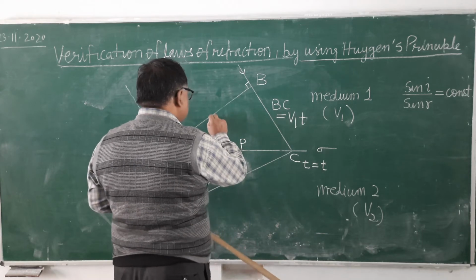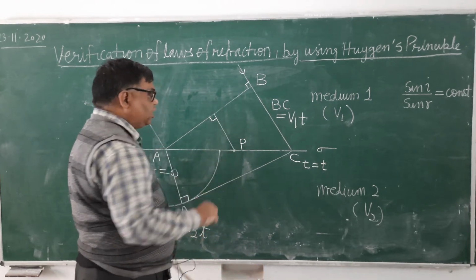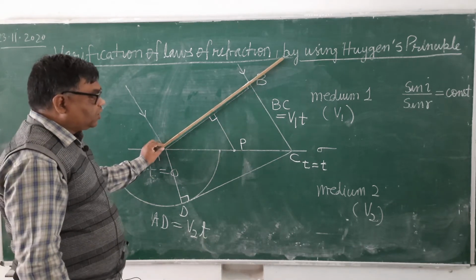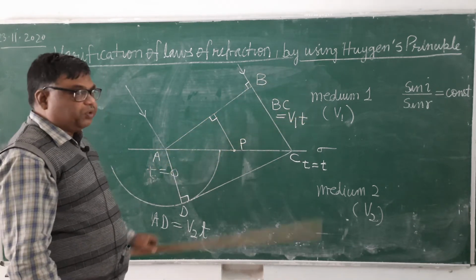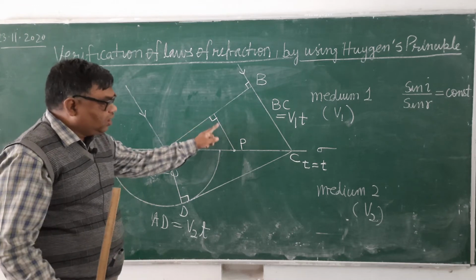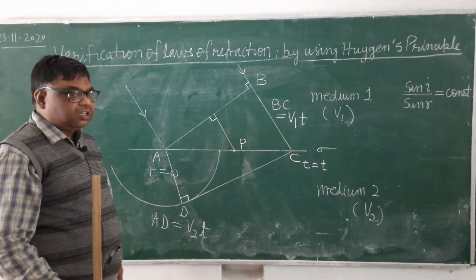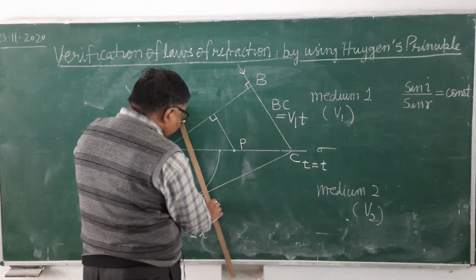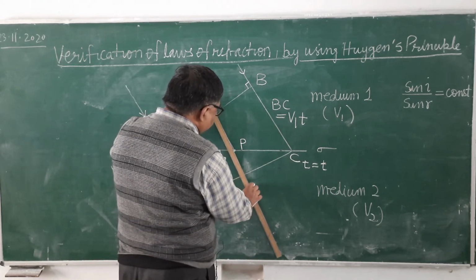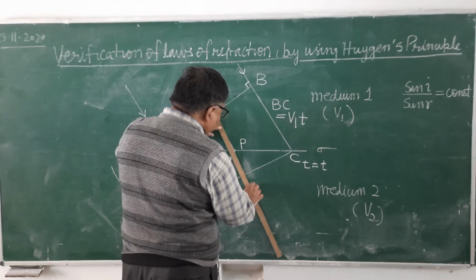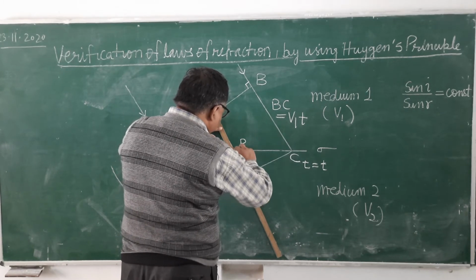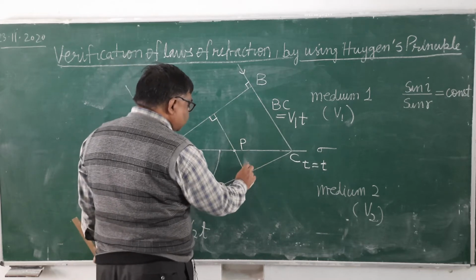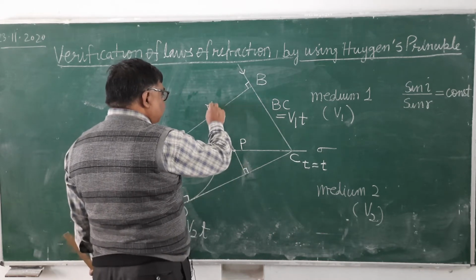As we know that waves always travel normal to the wavefront, so if this wavefront is reaching this point P, then it will come only through this path. It's clear? Now similarly from P you draw the perpendicular on the CD. You can name these perpendiculars as PM and PN.